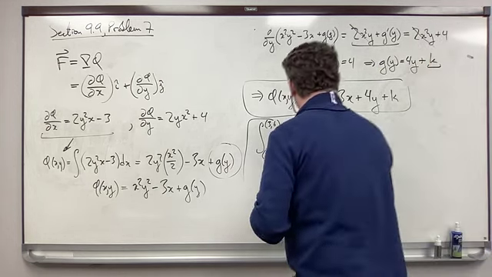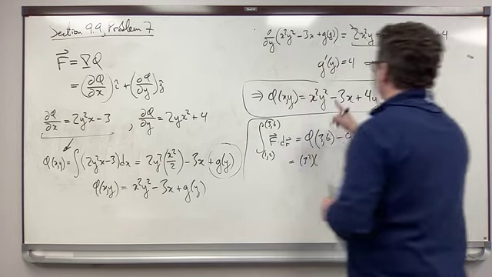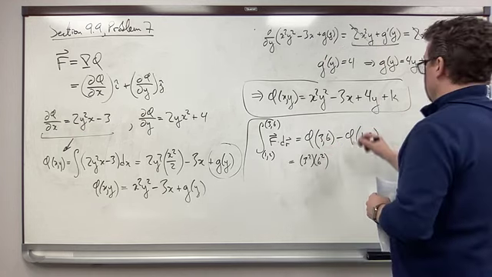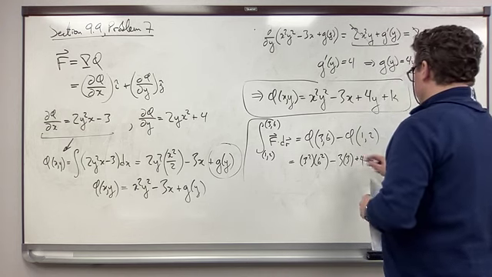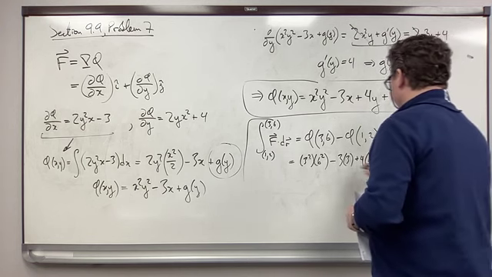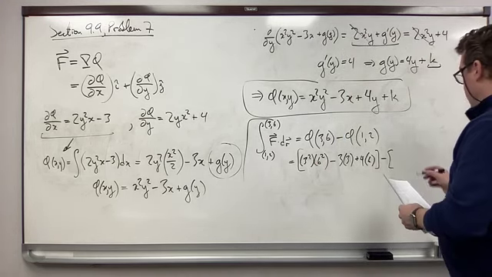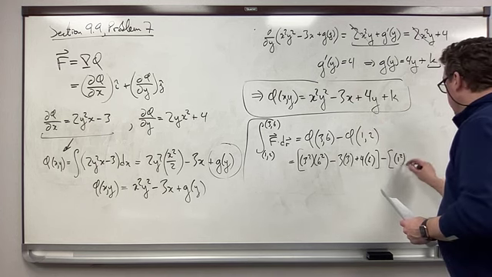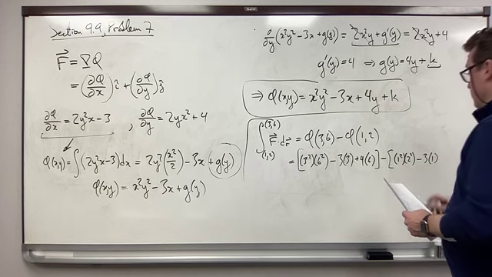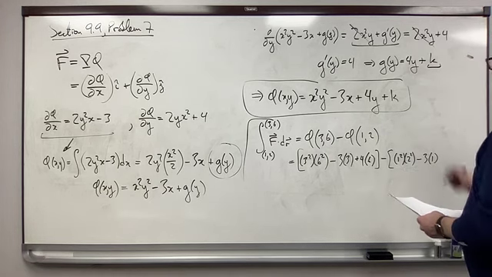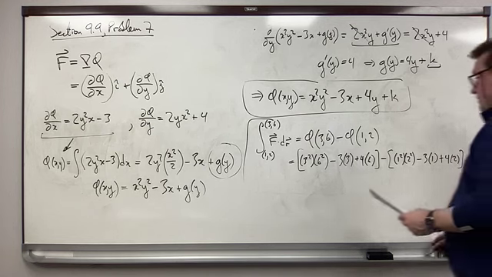So this thing equals, okay, 3 squared times 6 squared, minus 3 times x, which is 3 times 3, plus 4 times y, which is 4 times 6, minus, and then we put 1 and 2 in there, so we get 1 squared times 2 squared, minus 3 times 1, plus 4 times 2, right?